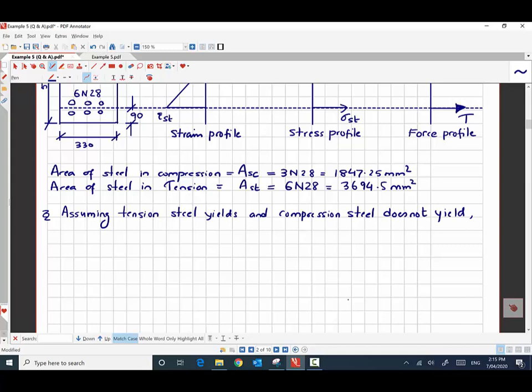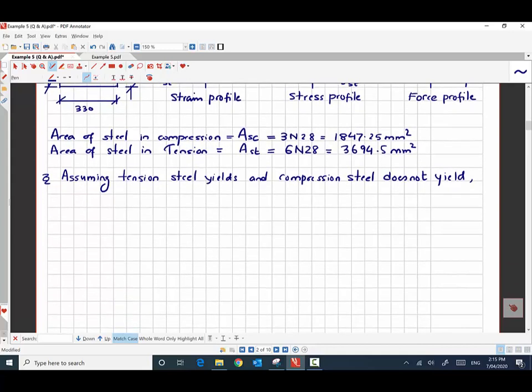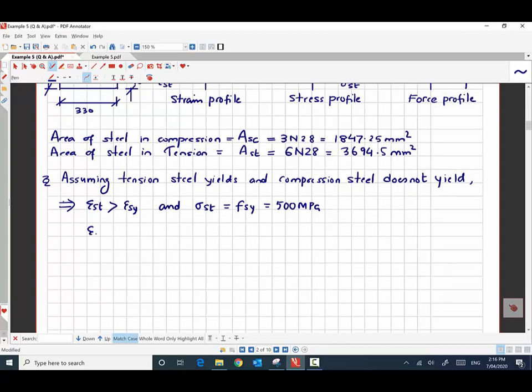So we are assuming that the tension steel yields and the compression steel doesn't yield. What it implies is that epsilon ST, the strain in the tension side, is greater than epsilon SY. That means the stress in the tension steel is equal to the yield strength, which is 500 megapascal, and the strain in the compression steel, epsilon SC, is less than epsilon SY.